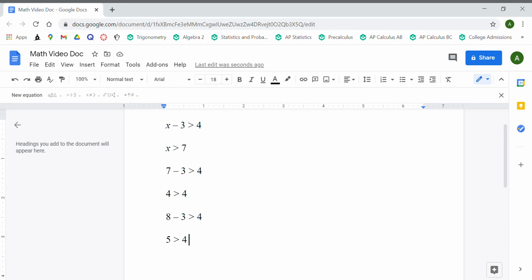Now, many teachers will ask that you graph the solutions to these inequalities. I'm going to review with these as we go along. I'm going to draw my terrible number line, and then we're going to put 7 in the middle because that's the endpoint for the solution set.